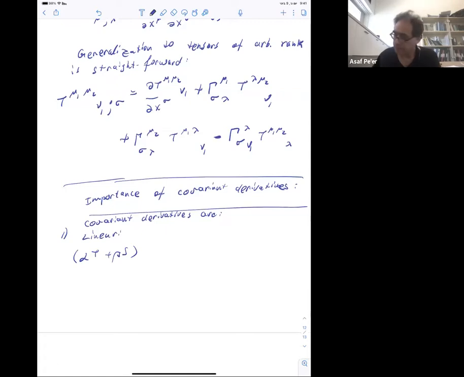Covariant derivative with lambda is just alpha T;lambda plus beta S;lambda. Alpha and beta are numbers, and T and S are tensors. They obey the Leibniz rule.